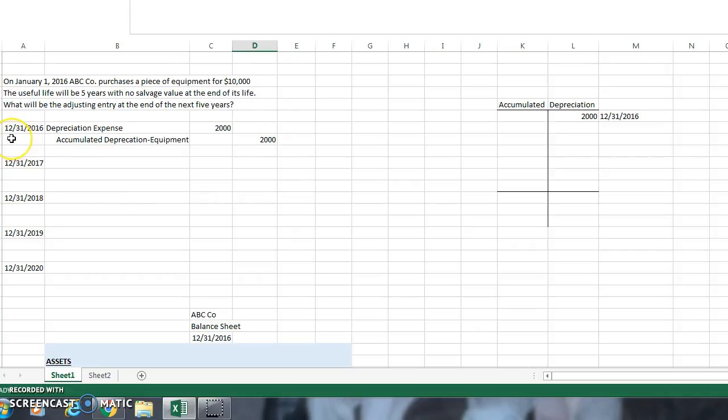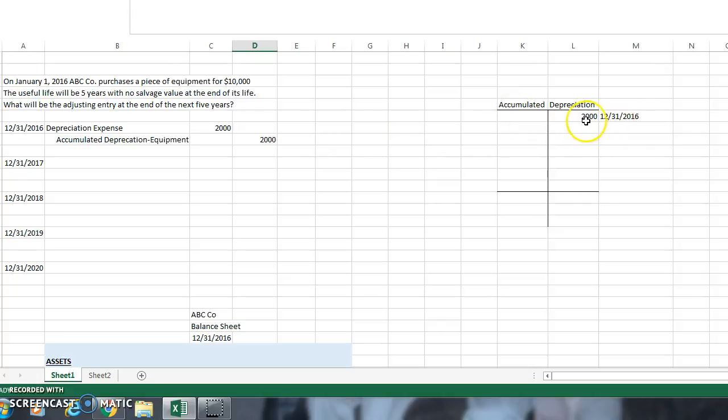Right down here, I've already included the December 31st, 2016 adjusting entry for the depreciation of this piece of equipment, where we debit depreciation expense $2,000 and we credit accumulated depreciation $2,000. If we were to post to our ledger accounts, here is our T account for accumulated depreciation.